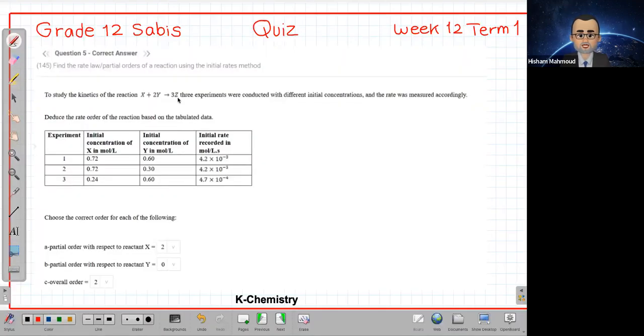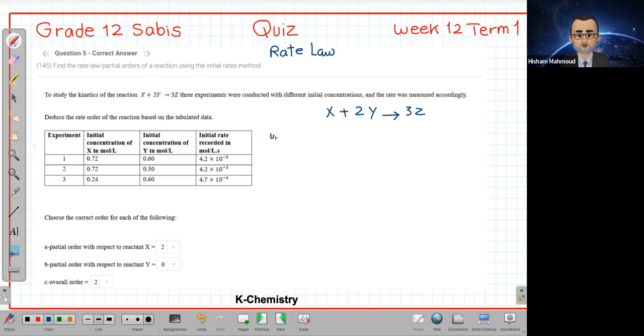Now, this is a very good chance to know the relationship between the change in concentrations of the reactants and the rate of the reaction, and how we can use this to write the rate law of the reaction. The equation we have here is x plus 2y gives 3z.